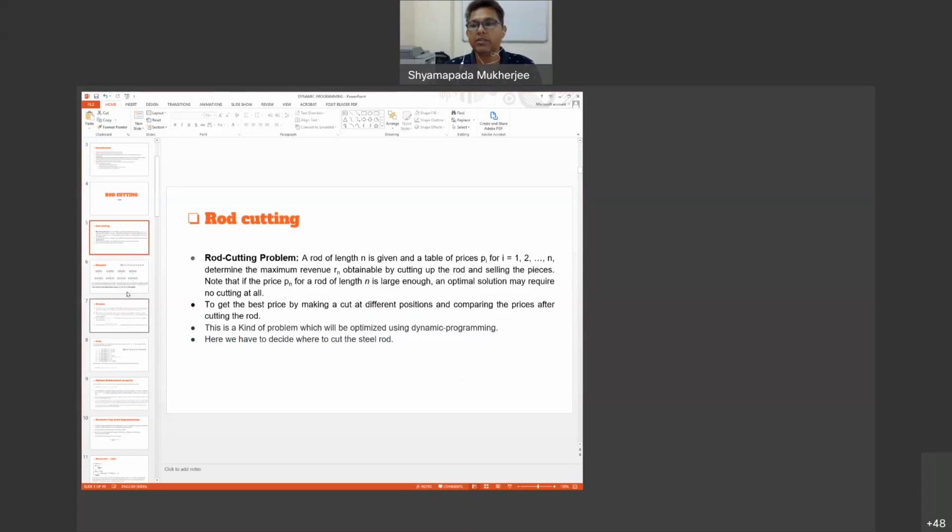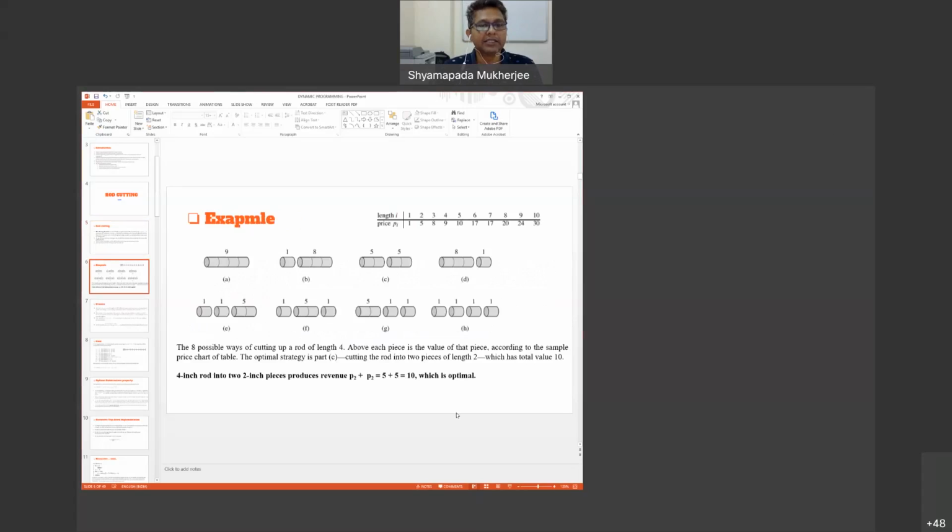We'll start with a simple example like this, where the upper table denotes the prices for different lengths i from 1 to 10, and pi denotes the price for each particular length. In the figure, figures 1 to 8 denote all possible cuts for a rod of length 4.